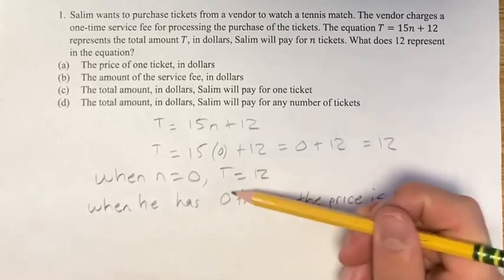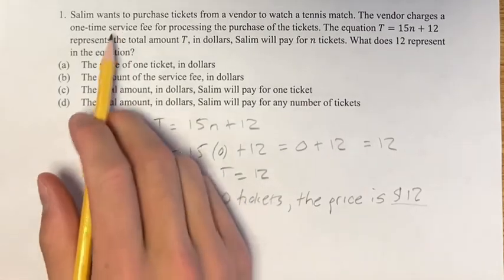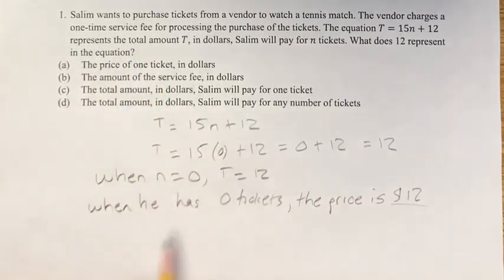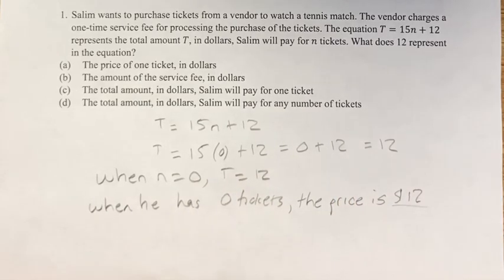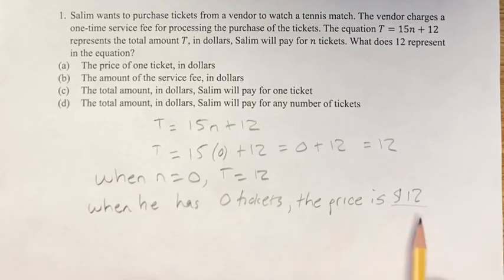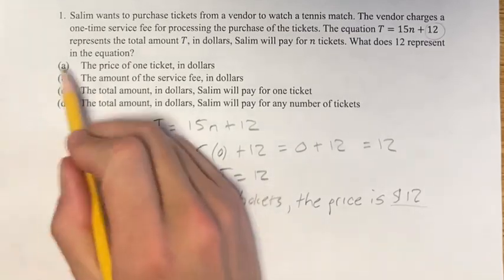Well, if he's bought 0 tickets and he's still being charged, that means this is the cost of the service fee they have to get before you even buy a single ticket. So it costs $12 originally, and then after that it costs a certain amount of money for each ticket. But this $12 in this equation is just representing the service fee, which is going to give you B as your final answer.